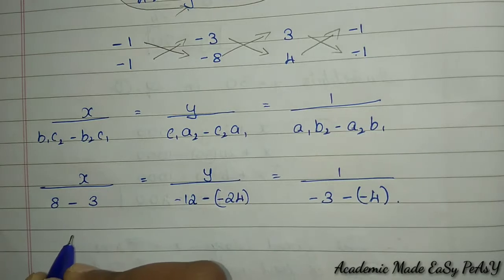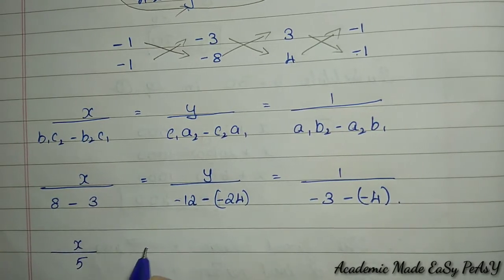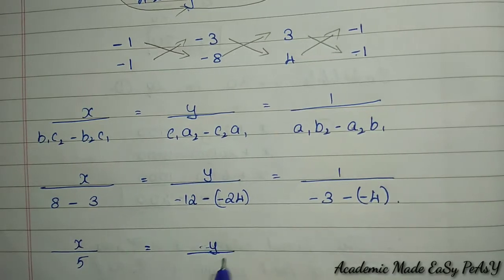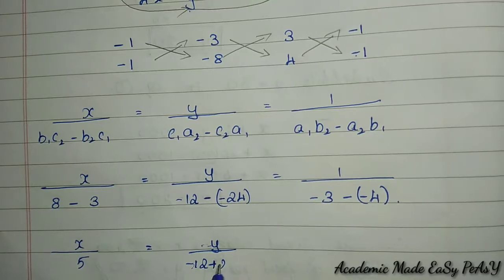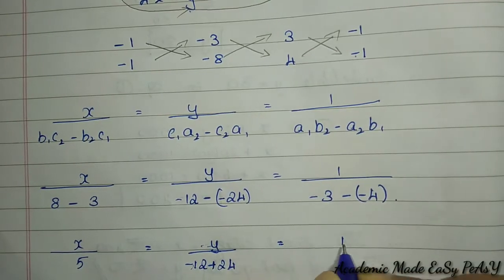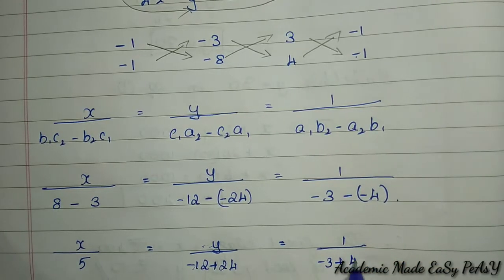So now, x divided by 8 minus 3, it is 5, is equal to y divided by minus 12, minus into minus is plus 24, is equal to 1 by minus 3, minus into minus is plus 4.